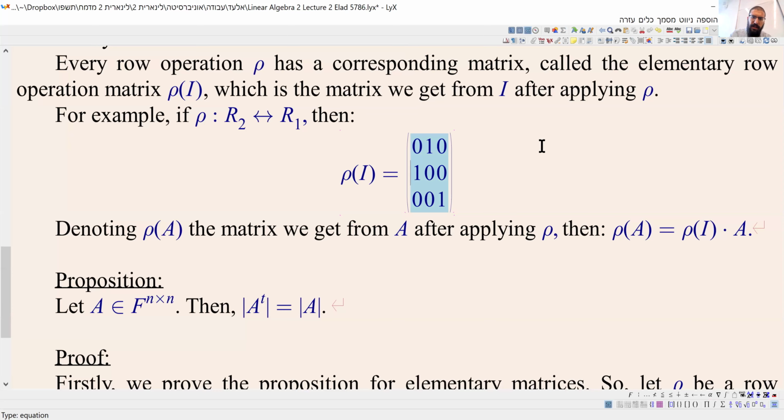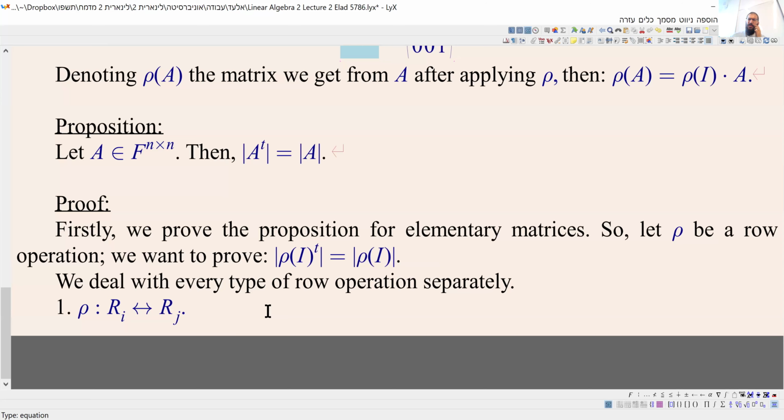So what actually happened if we take the matrix row I and we transpose it, with the little t in the power? What I want to say is that row I, when row is an operation of switching rows, is a symmetric matrix, which means that the transpose does nothing.